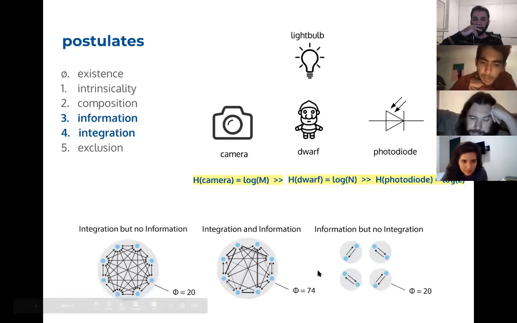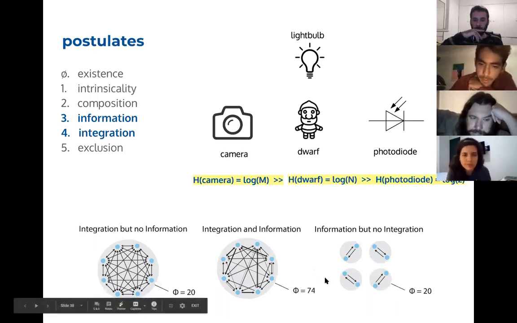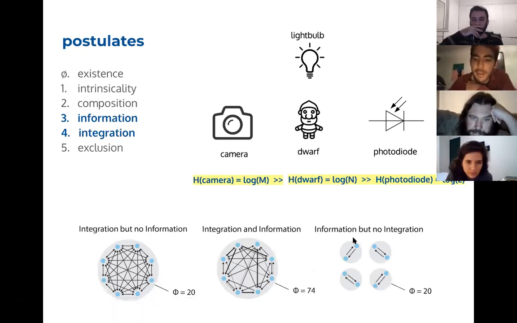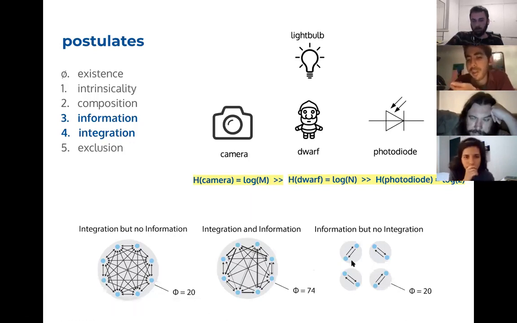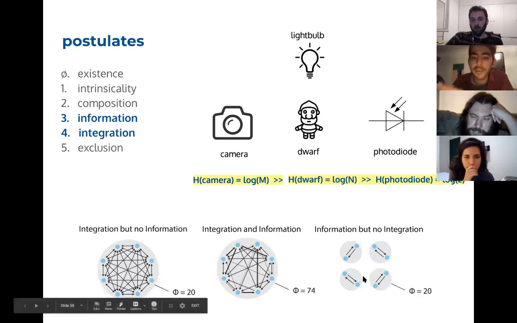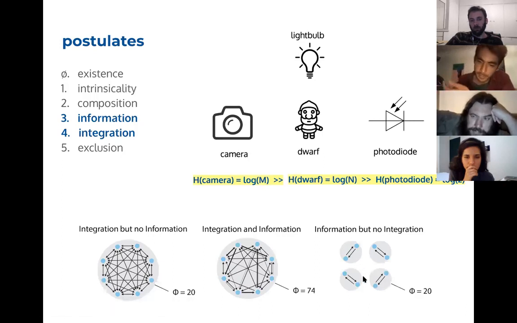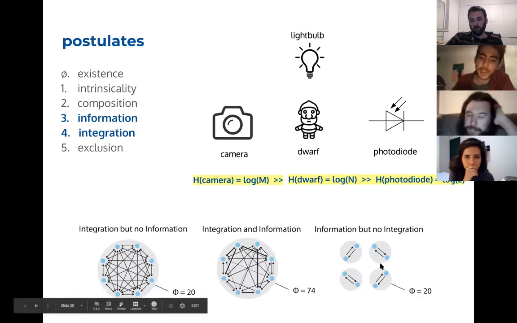So what we're trying to do is imagine physical systems and say, okay, this system couldn't be conscious, because even if it processes some kind of information, it's not conceivable that it could experience this information in a unified manner, because there are no interactions.